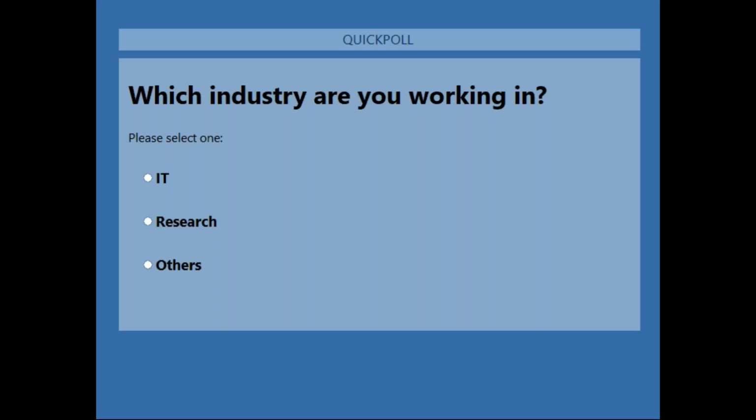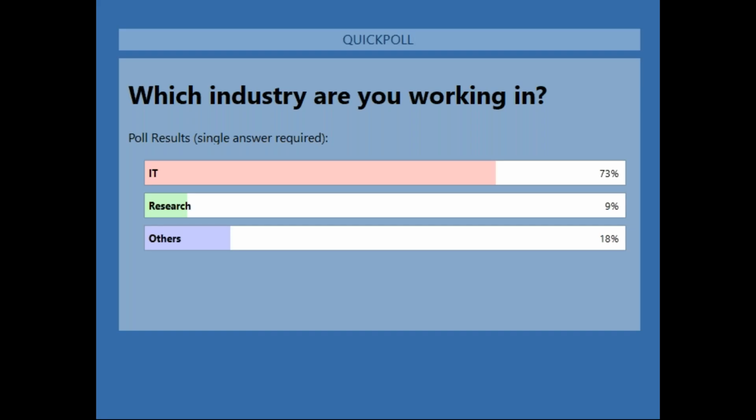Here are the results. 73% belong to the IT industry, 9% are from research, and the rest 18% are from other industry backgrounds.